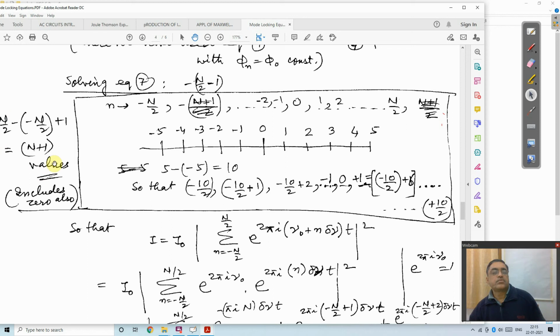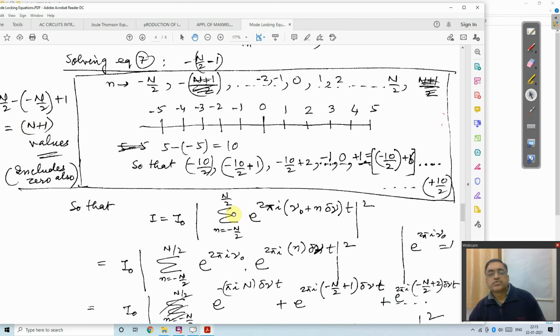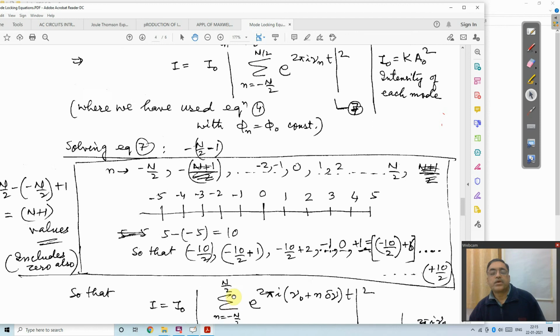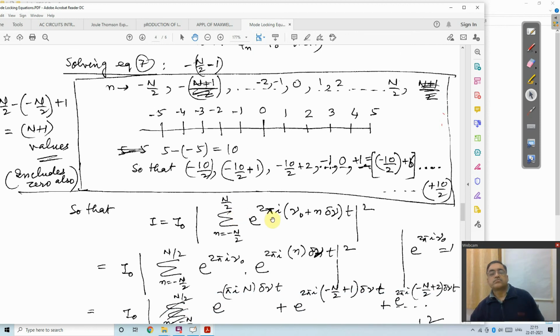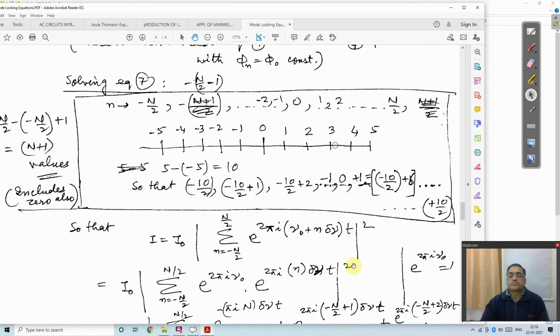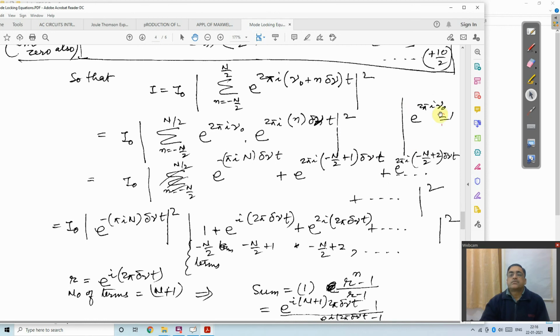So one example is also taken here, so that now we put the value of nu_n: I equal to I_0 times the summation over n from minus N by 2 to N by 2 of e raised to 2 pi iota (nu_0 plus n delta nu) t, whole squared, and again this becomes 0, and what we obtain, 2 pi iota, of course iota is equal to the square root of minus 1.